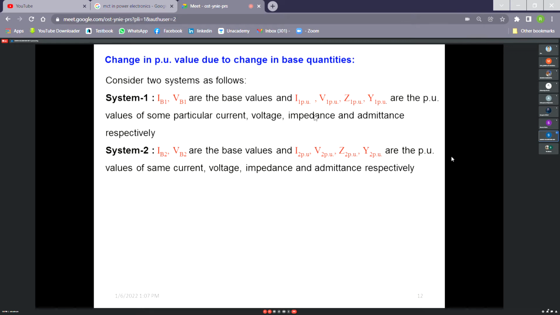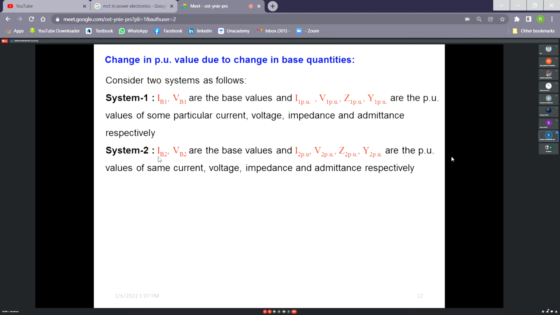So, say in system 1, IB1 and VB1 are the base quantities. Similarly, ZB1 will be there, SB1 will be there for apparent power, everything will be there. And I1 per unit, V1 per unit, Z1 per unit and Y1 per unit are the per unit values of the different parameters. From the symbols you can understand these are current, voltage, impedance and admittance respectively.